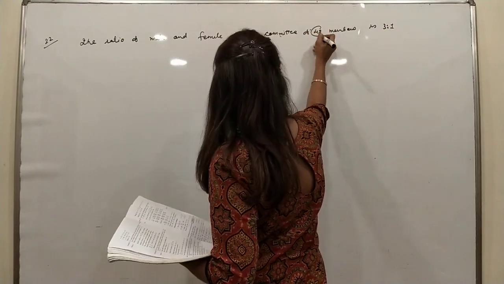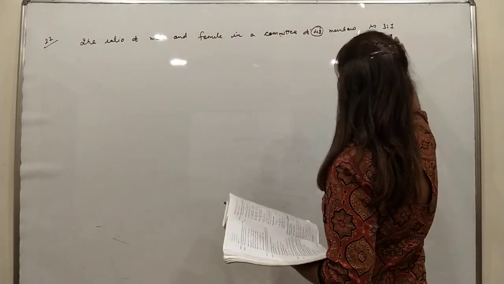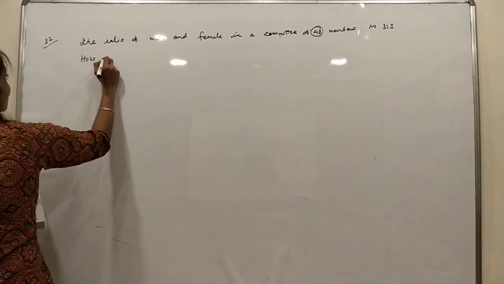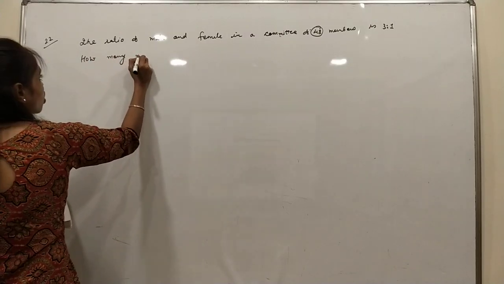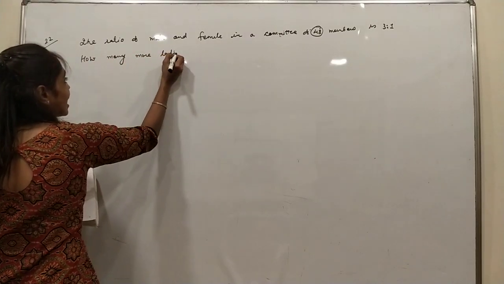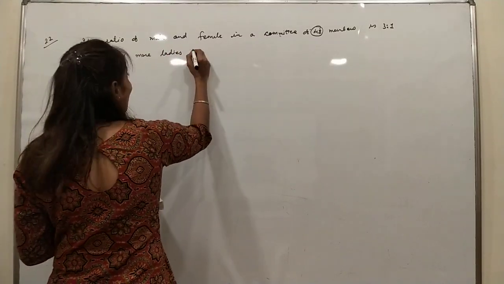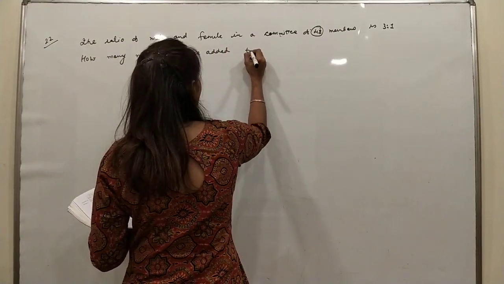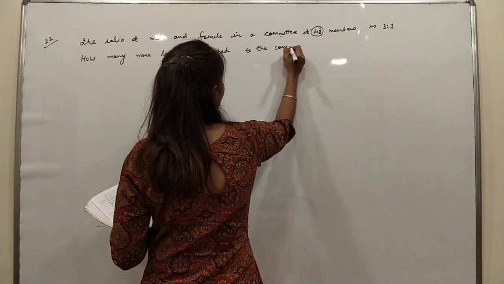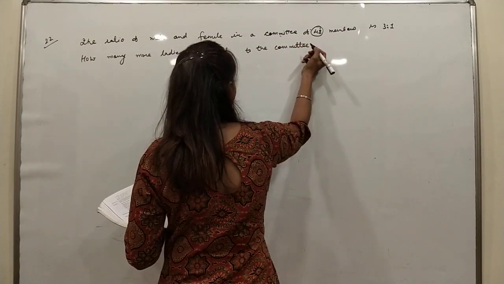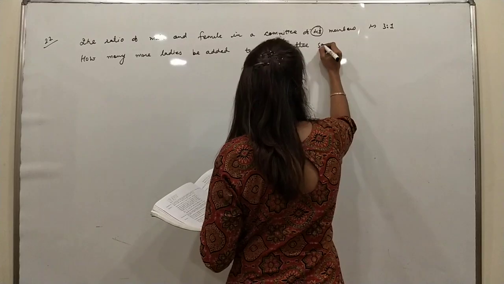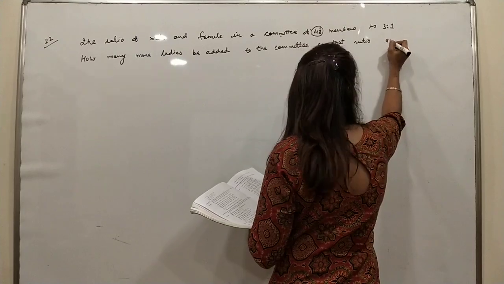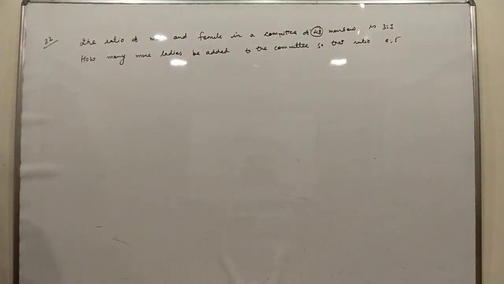Same as milk. The total committee members are 48, in which the male and female ratio is 3:1. How many more ladies, how much more water? How many more ladies be added to the committee so that the ratio becomes 9:5. Okay.